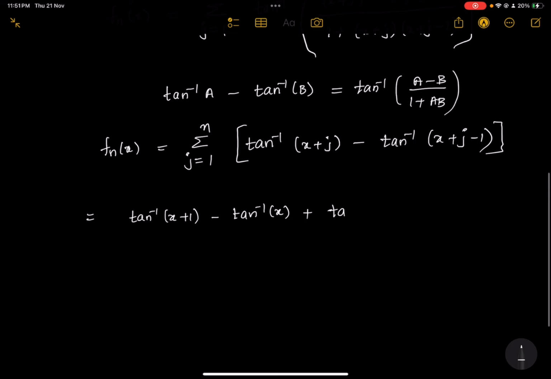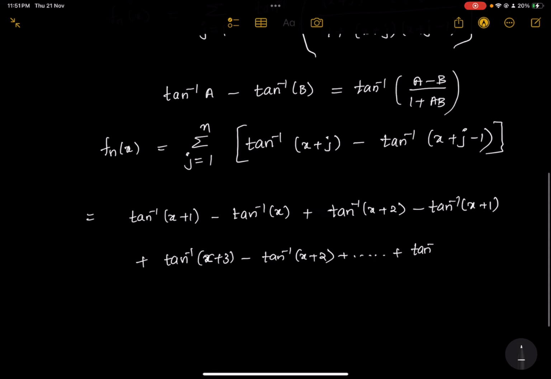For j equals 2, tan inverse of (x plus 2) minus tan inverse of (x plus 1), plus tan inverse of (x plus 3) minus tan inverse of (x plus 2), and so on, up to tan inverse of (x plus n) minus tan inverse of (x plus n minus 1).